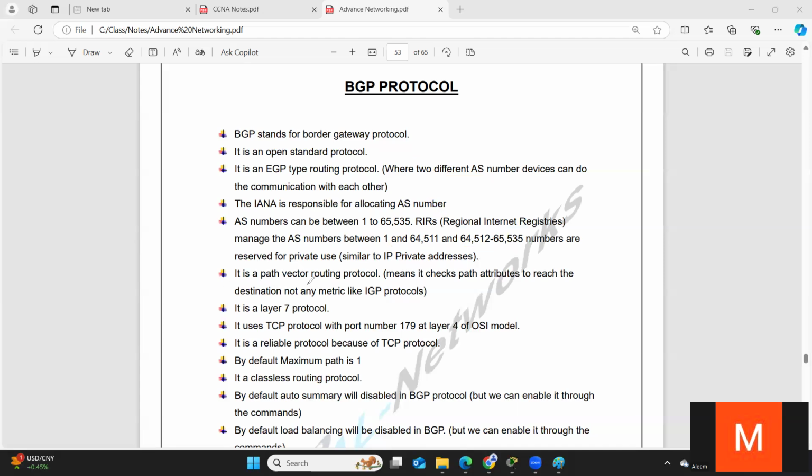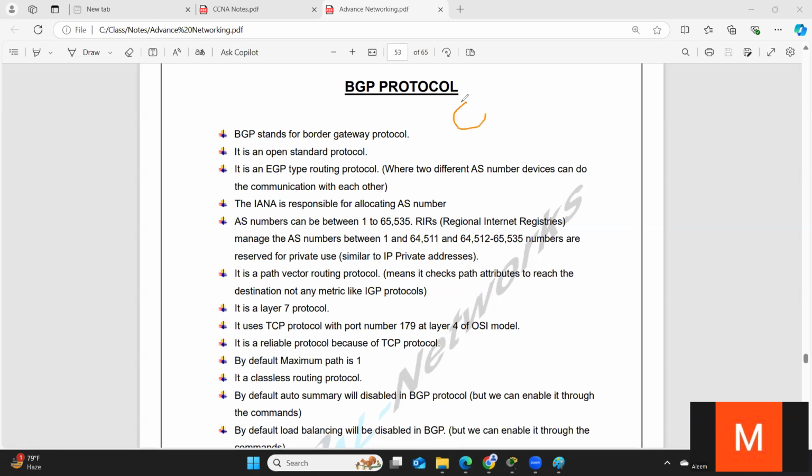So it is a path vector routing protocol, meaning it checks the path attributes to reach the destination, not a metric like IGP protocols. We have some attributes like weight and local preference. Based on the attributes, it will select the best path.